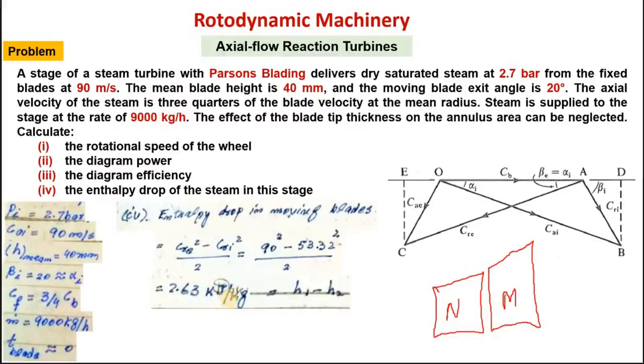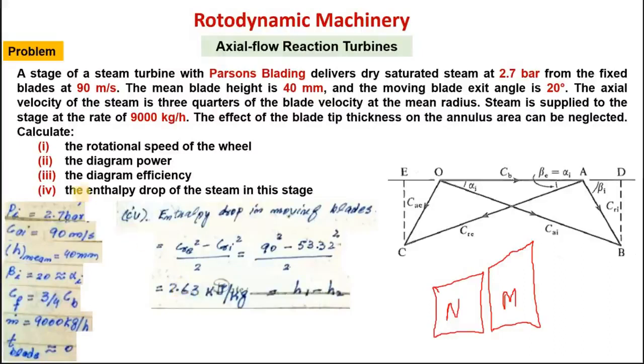Enthalpy drop in the moving blades is actually responsible for this increase in velocity. Now it's a 50% reaction turbine, so the enthalpy drop in moving and fixed blades are exactly the same. We have calculated the enthalpy drop only in the moving blades. So the total enthalpy drop in both fixed and moving blades will be 2 times this one.